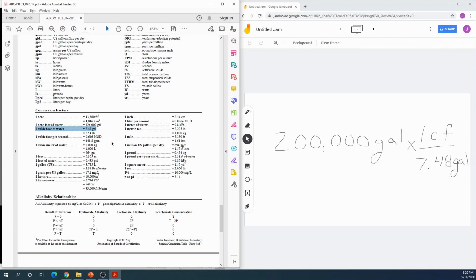Now, what we see here is we have our units of gallons and our units of gallons. So when we multiply these, gallons are going to cancel gallons. We're going to be left with cubic feet. So if we do this, we'll have 200,000 divided by 7.48 is equal to 26,737.9 cubic feet of water.